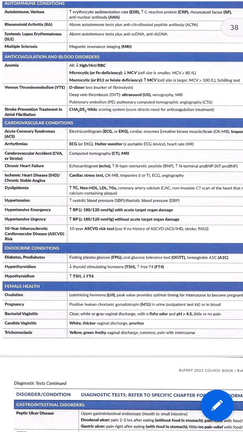Echocardiogram, echo, you can use to diagnose chronic heart failure, with increased B-type natriuretic peptide.